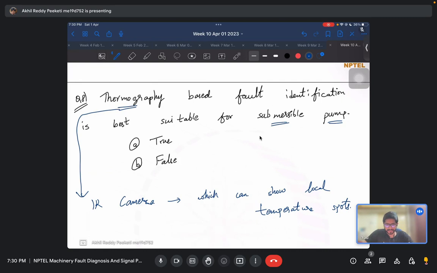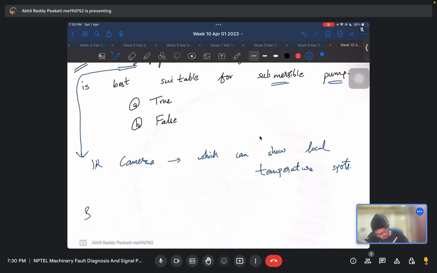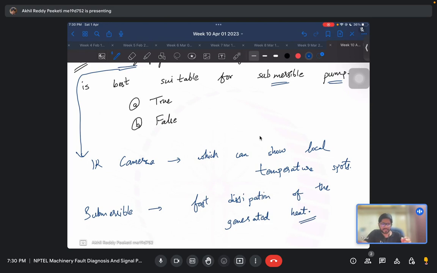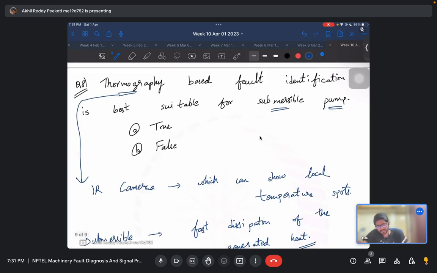Because of that, whatever temperature variations are occurring due to certain faults, the heat generated will be dissipated. Submersible results in fast dissipation of the generated heat. Because of this dissipation, you won't see the local temperature rises, so you won't be able to identify the faults. So the answer is false.